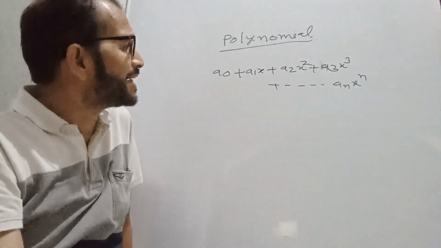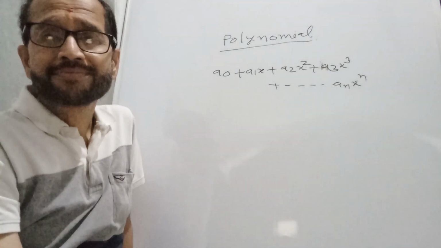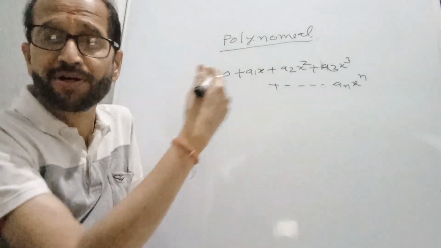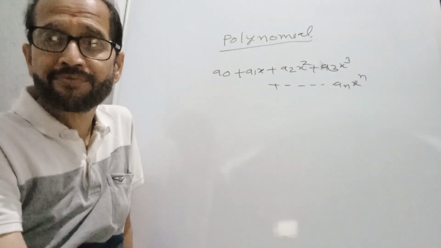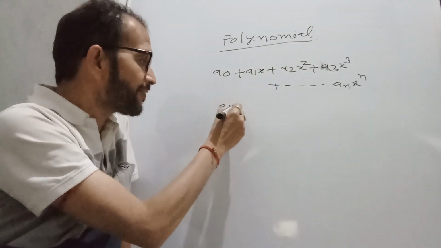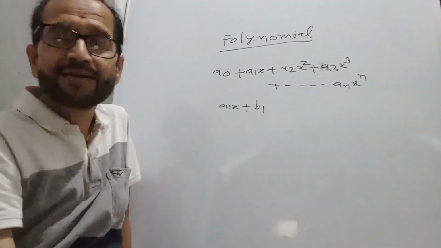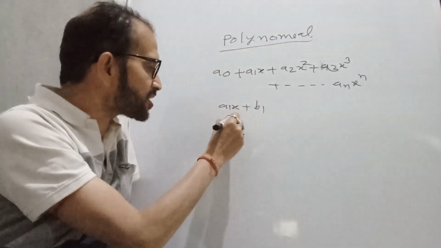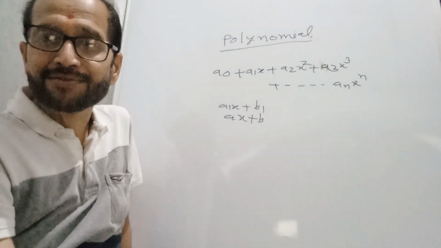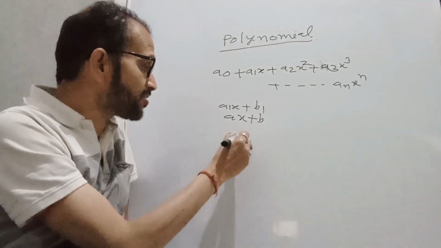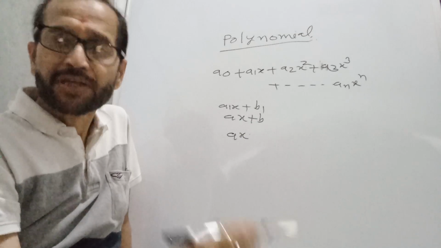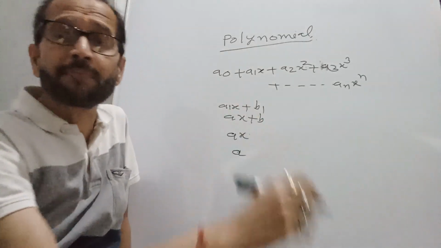And it is not essential that any polynomial should have so many terms. No. Even a1x plus b1, or ax plus b, is also a polynomial. ax is also a polynomial. a is also a polynomial.